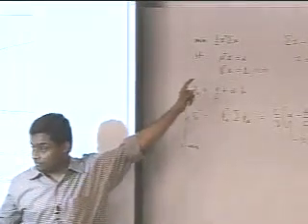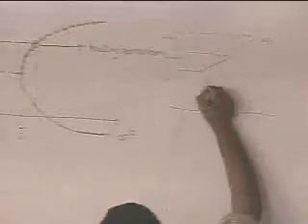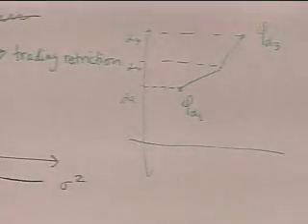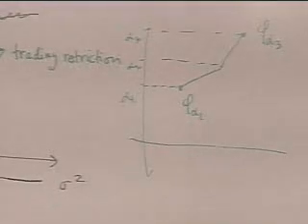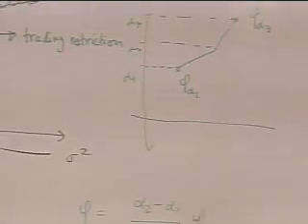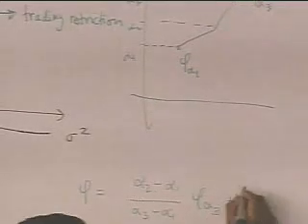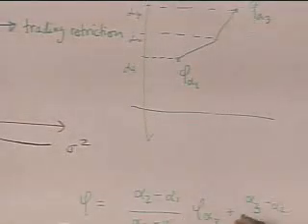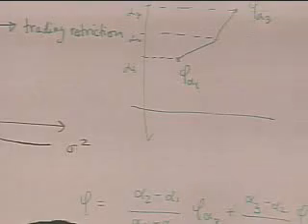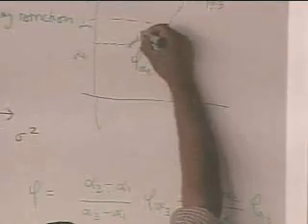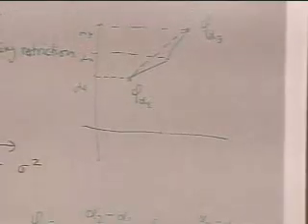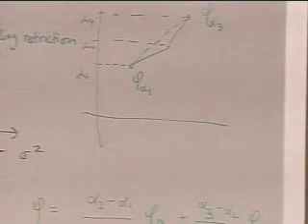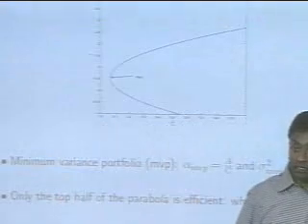As long as your trading set is convex, you get your portfolio corresponding to this one, phi of alpha 3, get your portfolio corresponding to this one, phi of alpha 1, and create a new portfolio phi, which is simply (alpha 2 minus alpha 1) divided by (alpha 3 minus alpha 1) times phi of alpha 3, plus (alpha 3 minus alpha 2) divided by (alpha 3 minus alpha 1) times phi of alpha 1. This phi would give you a return which will lie on this straight line. So you can do better, and there is no reason to short. As long as your trading set here is a convex set, everything's fine.